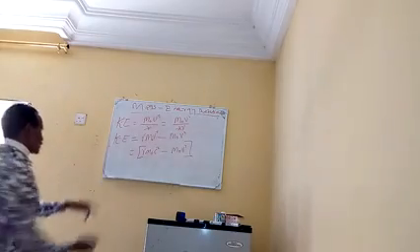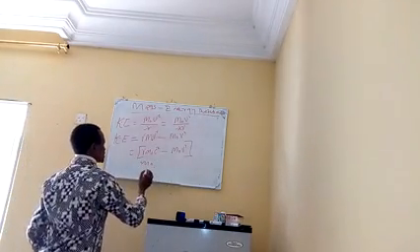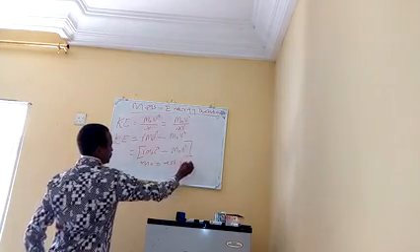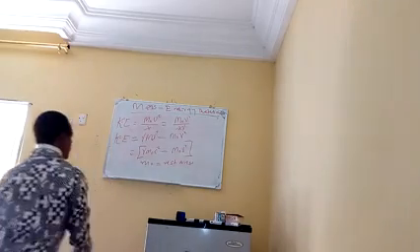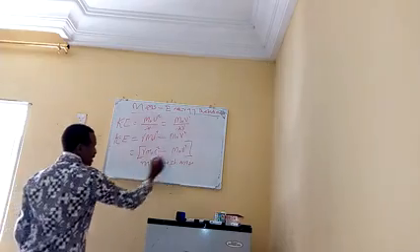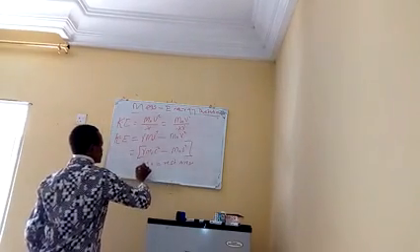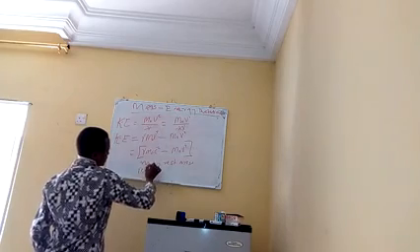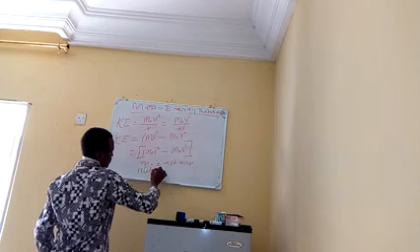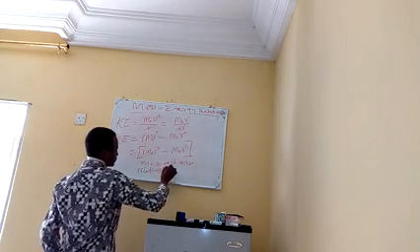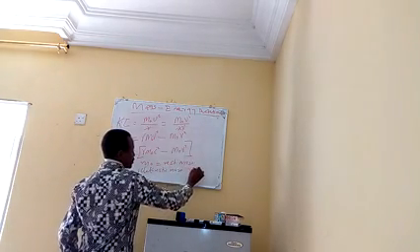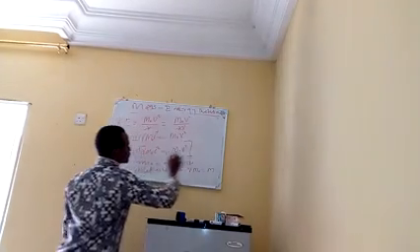So m naught is the rest mass of the object. So the relativistic mass when the object is at high speed is equal to gamma m naught, which is equal to m.